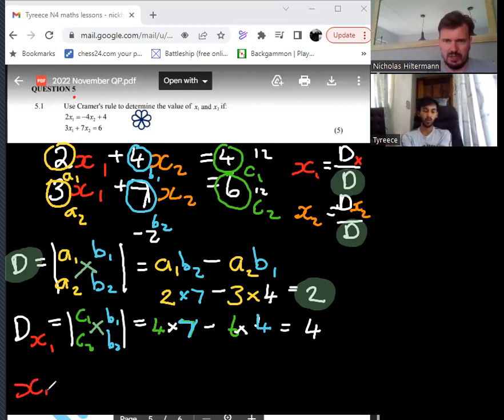So x1 equals, so dx1 is 4. And our d is 2. If you take from there, we get x1 to be 2, which actually does work. X1 equals 2.